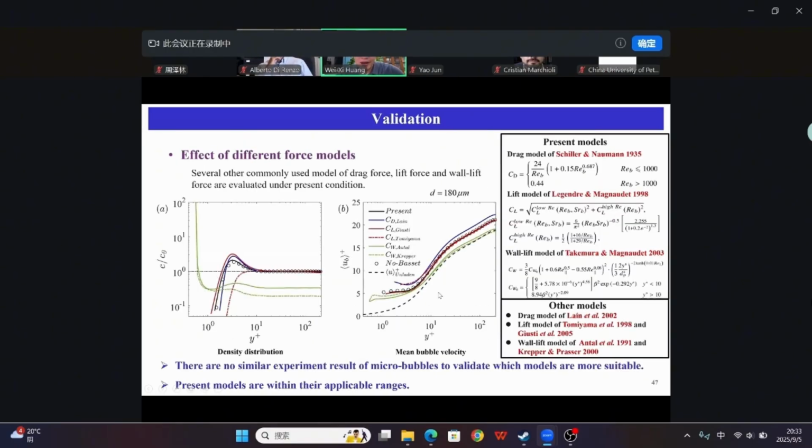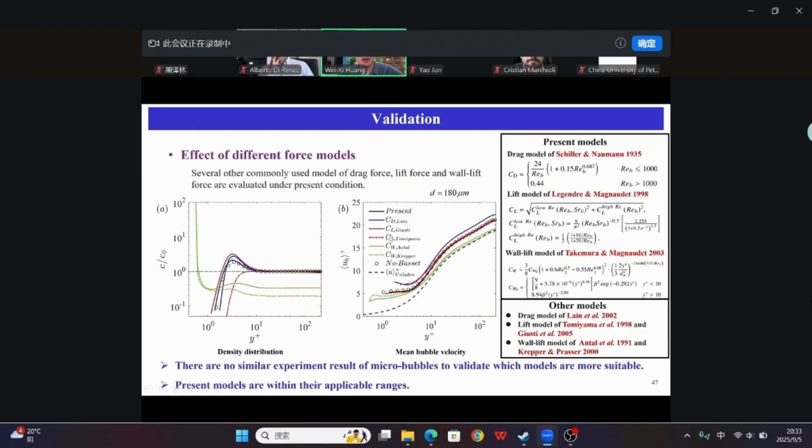At first, we would like to check the different force models. We choose a set of force models for the drag, lift and wall lift, and there are also other options. We compare. This is the base model. We also check if we replace the drag model with the other drag model, but keep the other models unchanged.